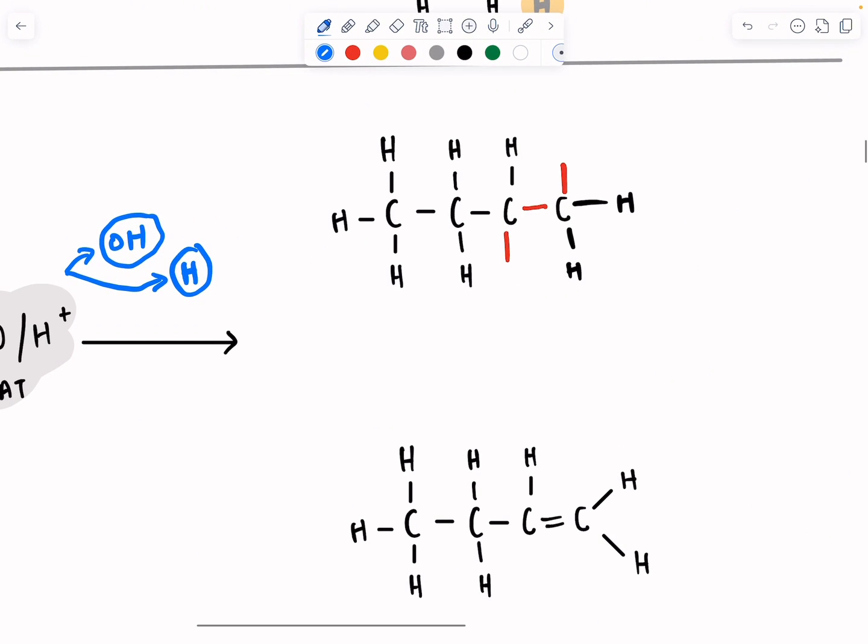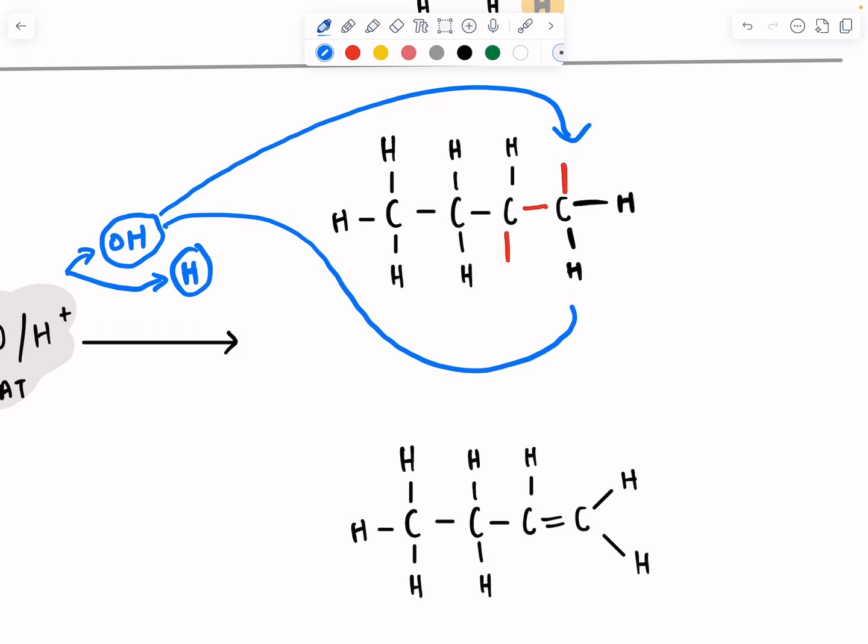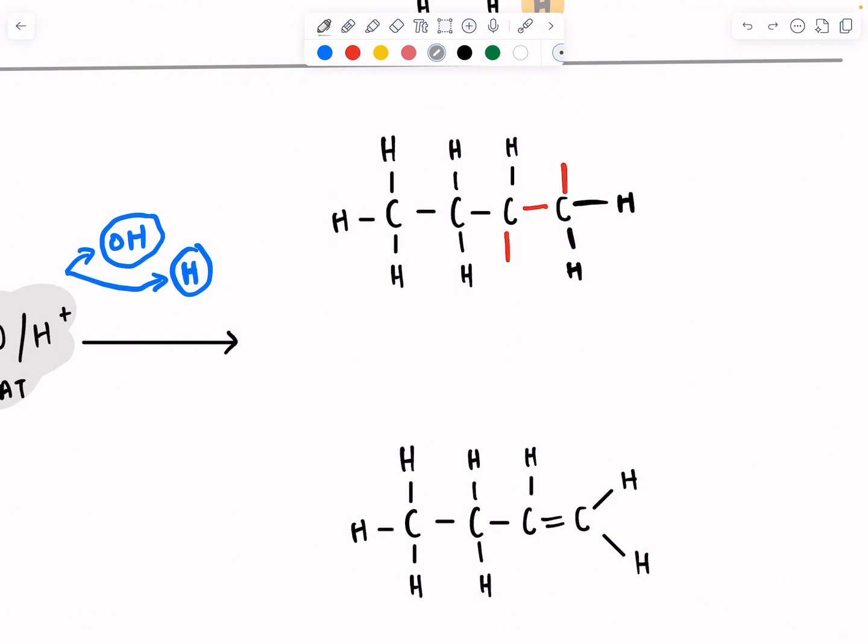And so again, there are 2 possible bonding sites that this OH group can bond to, and there are 2 possible bonding sites that this H group can bond to, okay? And so let's try out one of the combinations. I'm going to pop the OH group over here, and the H atom can go here.